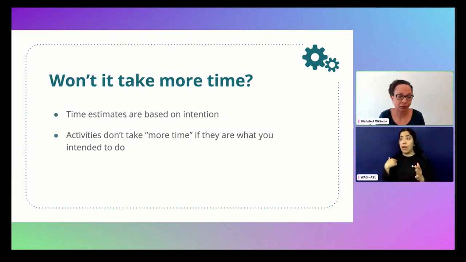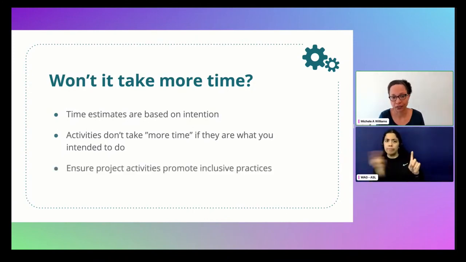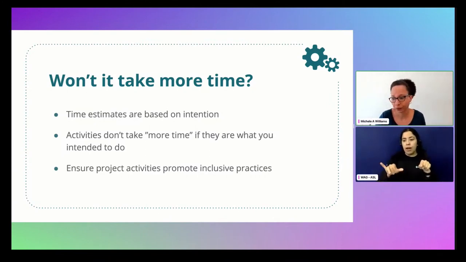So I think there needs to be a shift, not necessarily in thinking of this as an add-on, but instead ensuring that project activities promote inclusive practices, and thus everything else will balance itself out, because your mindset is going to be that we are an inclusive culture. Therefore, these are the activities we take upon ourselves, and therefore these are the timelines and tasks that we do accordingly.